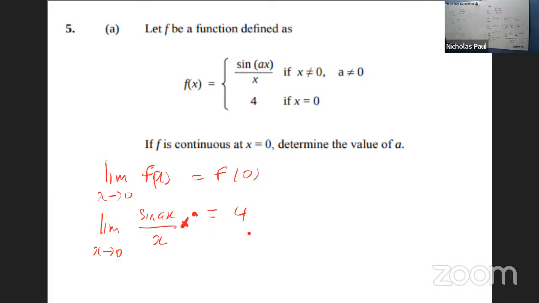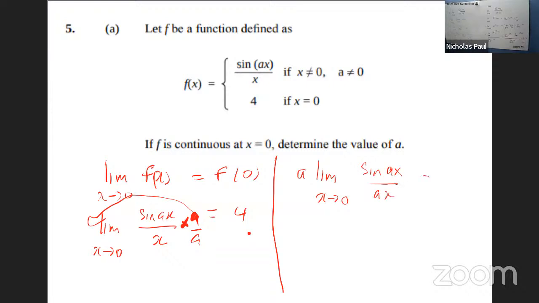So multiply by A on A. What you'll get is this A comes out here, and you'll get A times the limit as x approaches 0 of sine AX over AX, which is equal to 4. This here is how much? 1. So A times 1 is 4. So A is 4. That's all.